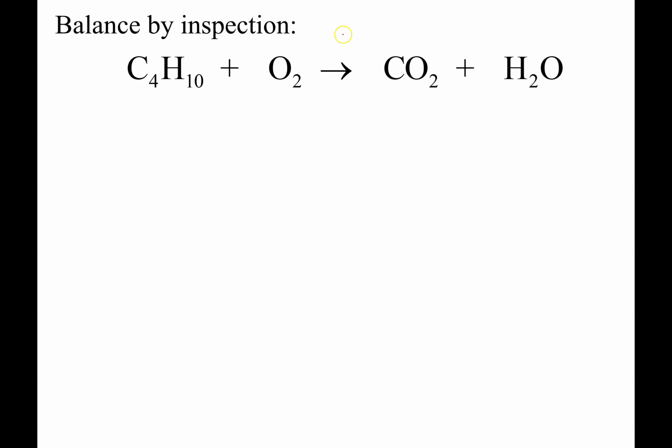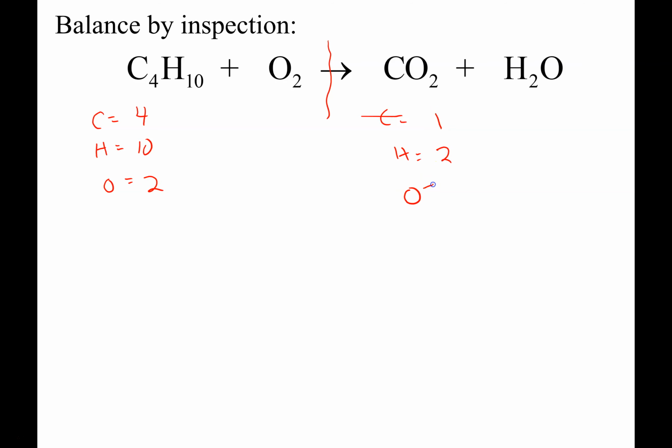Best to last. So I make a brick wall. I need to account for carbons, hydrogens, and oxygens. So how many carbons do I have on the reactant side? 4 hydrogens, 10 oxygens, 2 carbons on the product side, 1 hydrogens, 2.